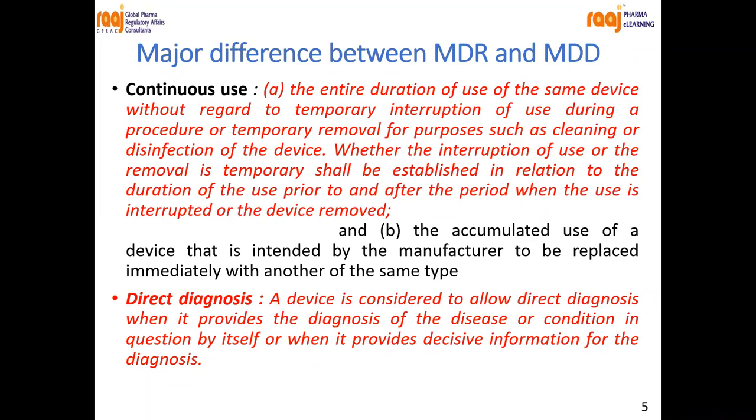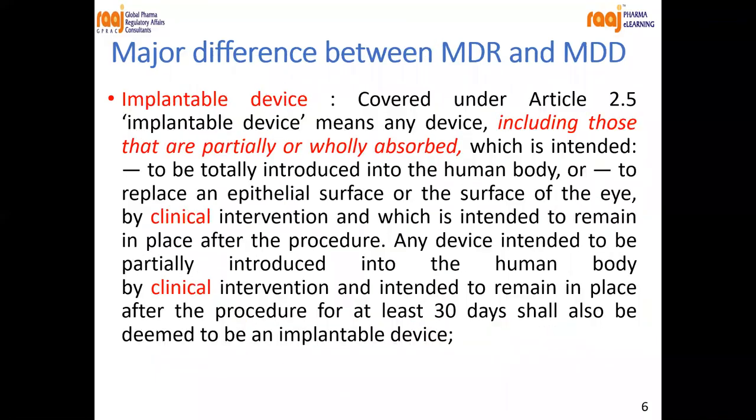The rapid kit is used to diagnose whether a COVID patient is positive or negative. Then there are so many diagnostic kits available, for example the Prega kit, which is used for the pregnancy test. You just put 2-3 drops of urine and it will give the result. These are the diagnostic kits available in the market.